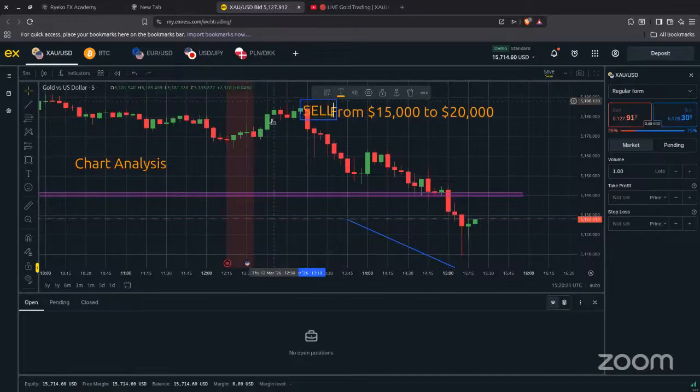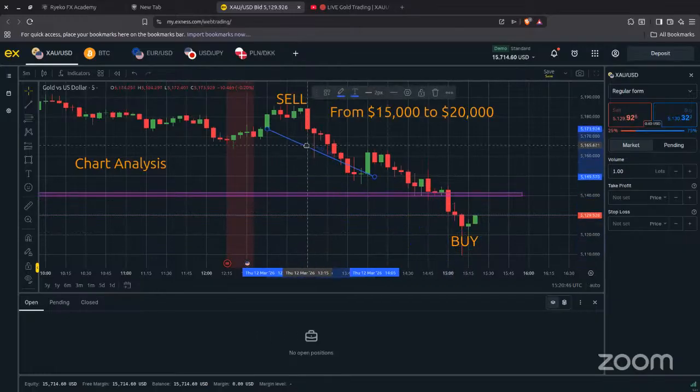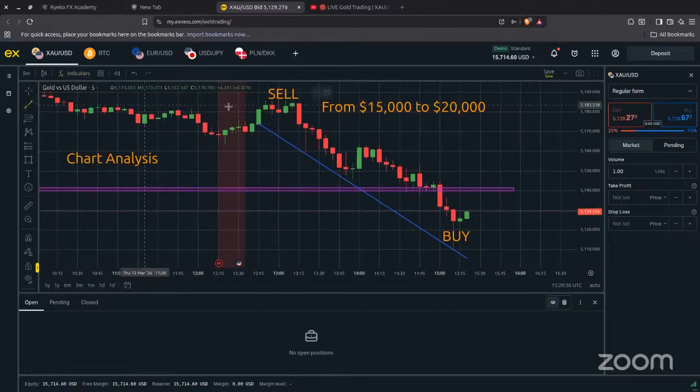So, buy. Just look at the points to help determine where it's going.